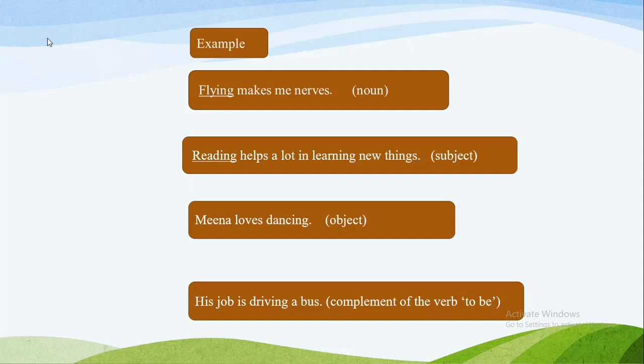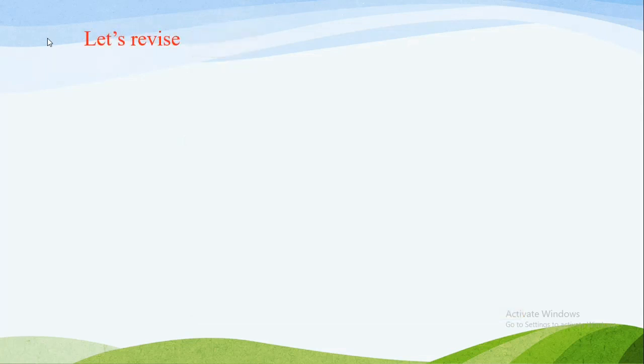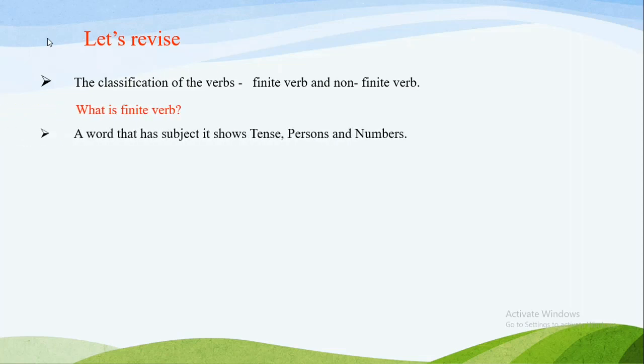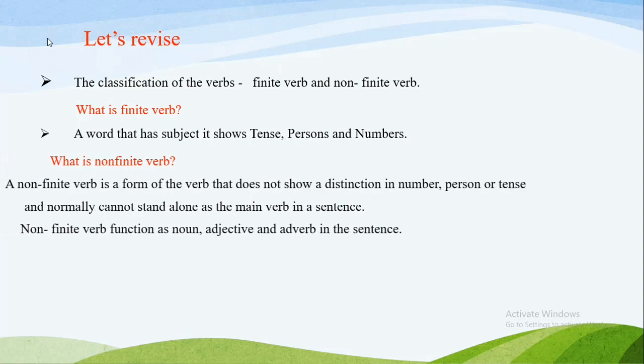I hope you understood how to use non-finite verbs in the sentence. Let's revise once again what we learned today. First one is classification of verbs, that is finite verb and non-finite verb. What is finite verb? A word that has subject, it shows tense, persons and numbers.